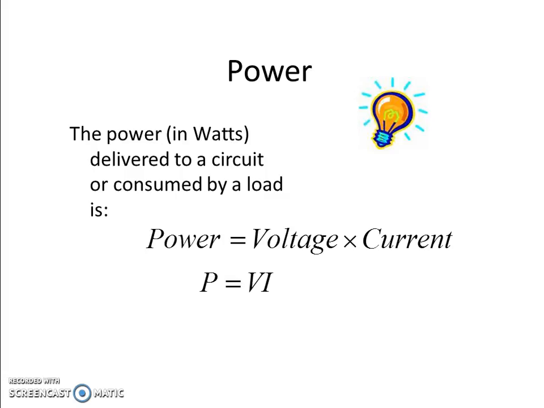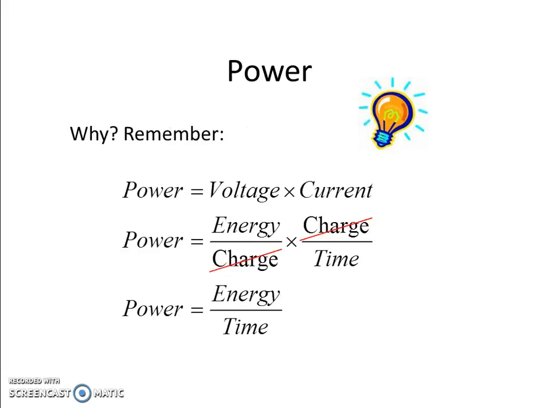So consumed by a motor, consumed by a bulb, consumed again by a refrigerator. And if we want to dig into the mathematics of it, we can say voltage is defined as energy per unit charge. We can say that current is defined as charge per unit time. And if we do the mathematics, we can cancel charge. And then we can say that power is energy divided by time.